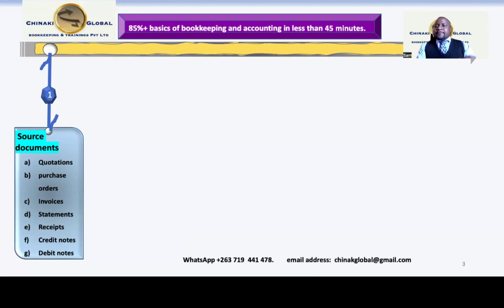It is very important to make sure that all these different types of source documents are kept safely for a period of more than 5 years. Why 5 years? Most tax authorities need these documents to be kept for at least 5 years.